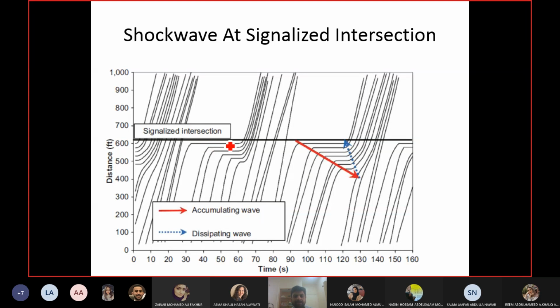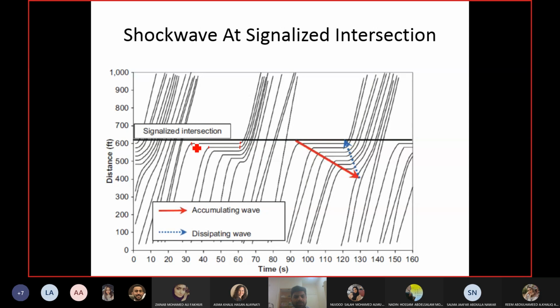You can see here that when vehicles are reaching this black line or close to it, they stop. This one is very prominent here. When you are reaching near the intersection, you are stopping, and the first vehicle is stopped for this many seconds, this vehicle is stopped for this many seconds, and so on and so forth.